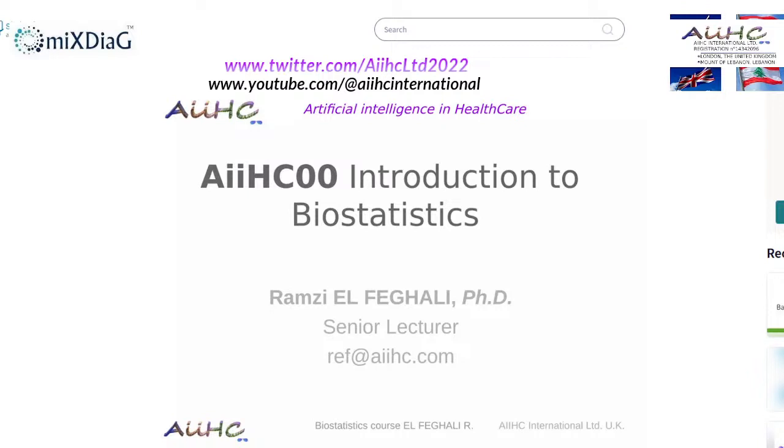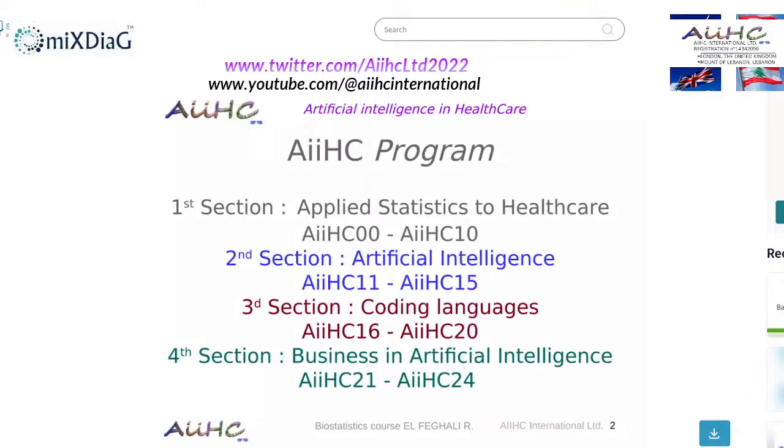So to begin, the program, in fact, like I've said, is composed of 4 sections. The first section will be applied statistics to healthcare, and this chapter, in fact, is the introductory chapter. We've already saved the presentation or the scripts for everything, so don't worry. The first section is composed of 11 chapters.